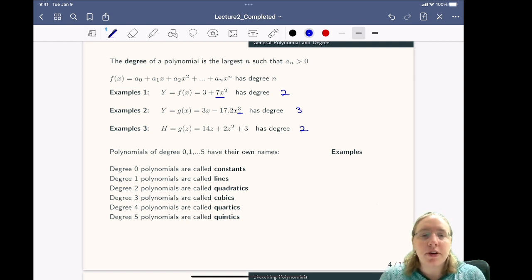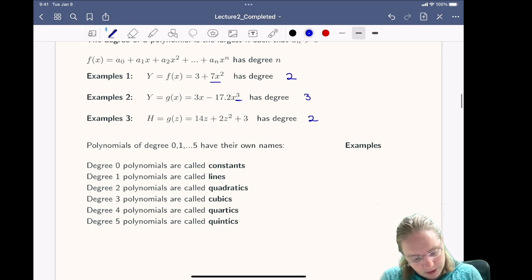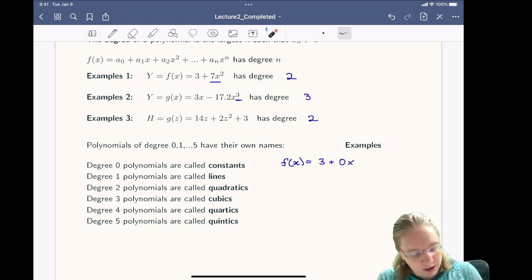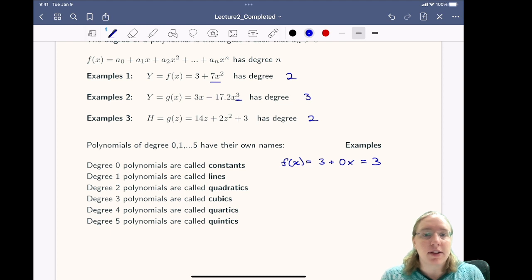All right, so some of these lower degree polynomials are so common that they actually have special names. First of all, if we have a degree 0 polynomial, we can have a 3, but even the x term has a leading constant of 0, then this simplifies to just being 3, and this is known as a constant.